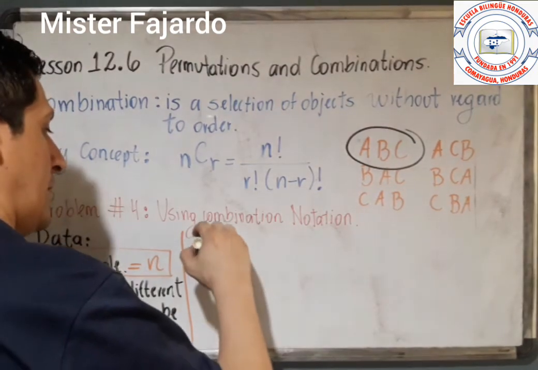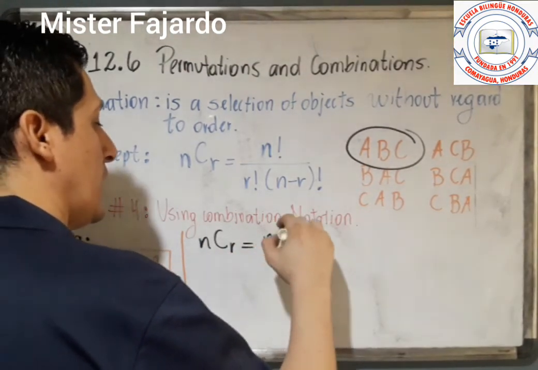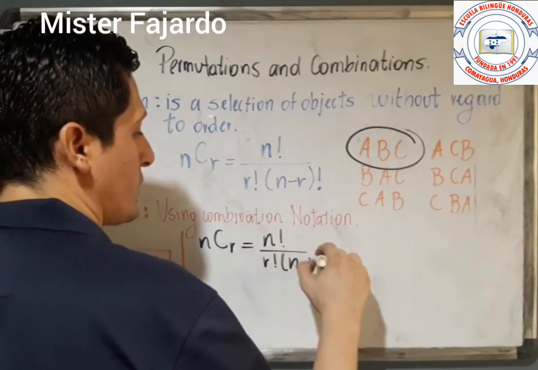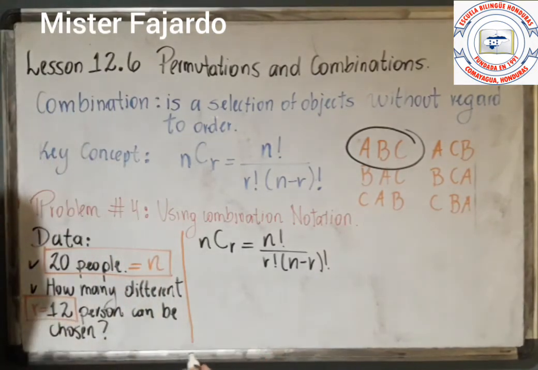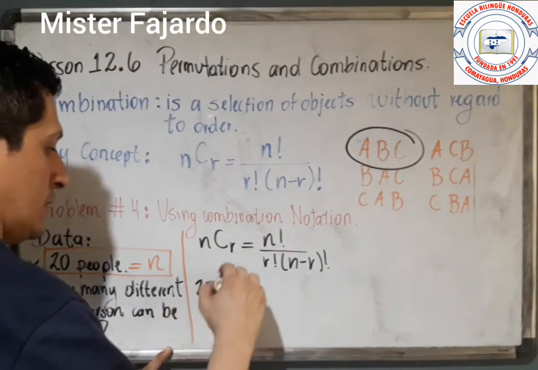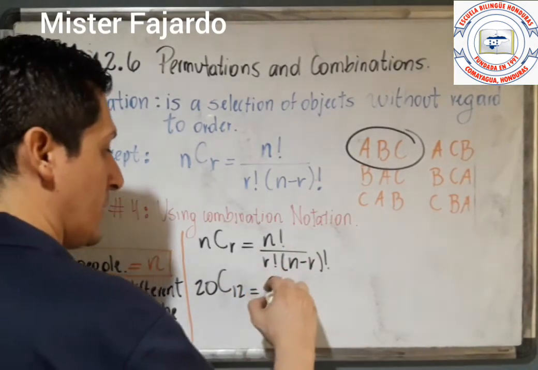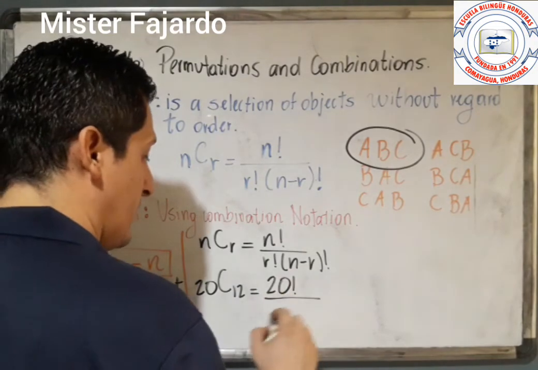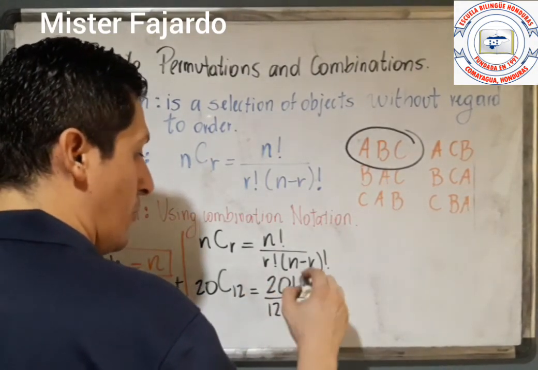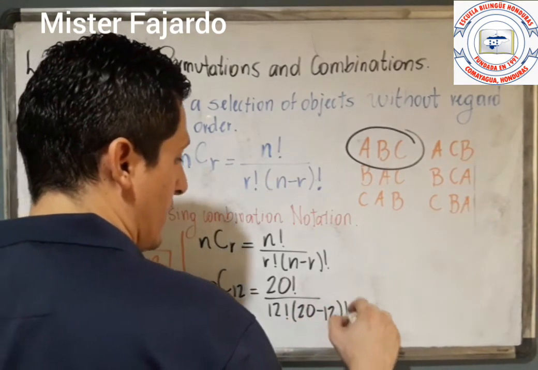You are going to have nCr equal to n factorial divided by r factorial times n minus r factorial, okay? In this case, 20C12 is equal to n factorial, that is 20 factorial, divided by the restriction, that is 12 factorial, multiplied by n minus r, that is 20 minus 12 factorial.